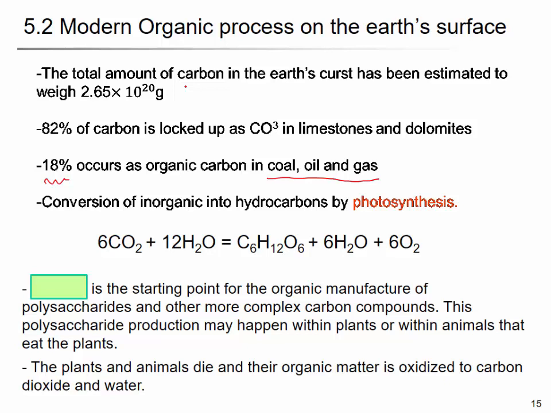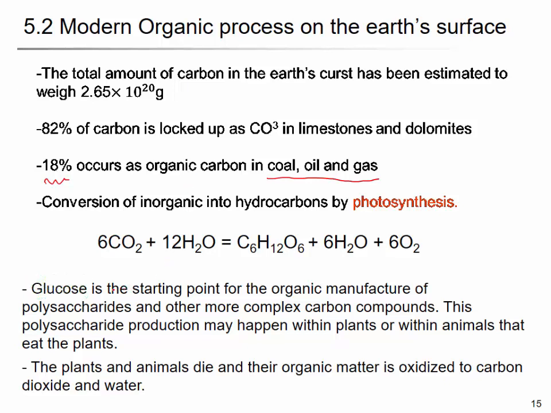So the main reaction to produce the hydrocarbon is the photosynthesis. You have carbon dioxide and the sunlight, then they will produce maybe glucose or cellulose, lignin, protein by the bioactivity.